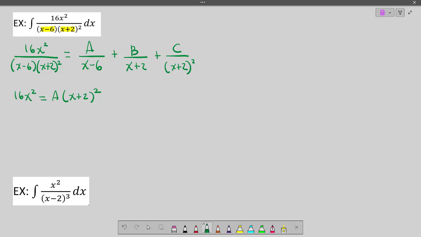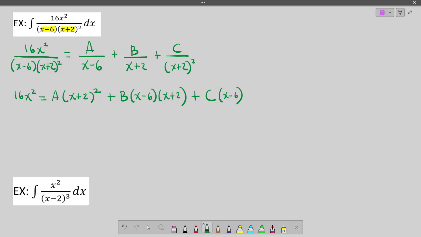When we multiply it by the second fraction, one of the x plus 2's cancels. And when we multiply it by the third, the x plus 2 squareds cancel, and we have c times x minus 6. So there is our simplified PFD equation.